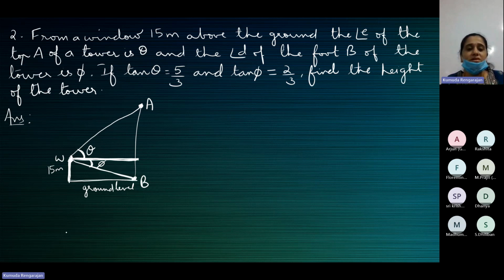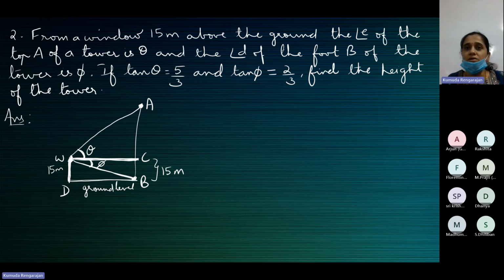Now, in the diagram we have made, tan theta is 5/3. Let's mark these points A, B, C, D. We only know WD is 15 meters. If WD is 15, this one is also 15 meters. So tan theta is given, tan phi is given.